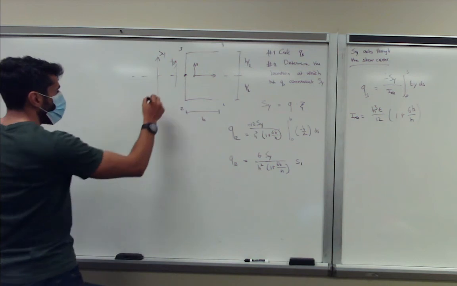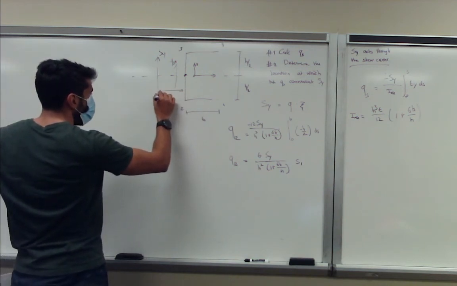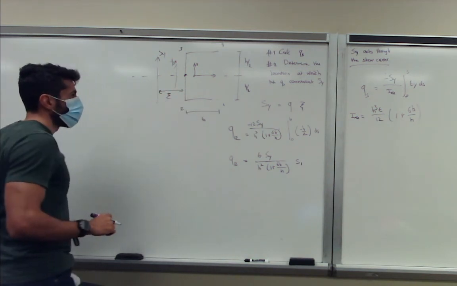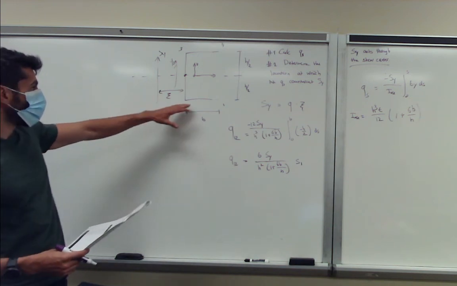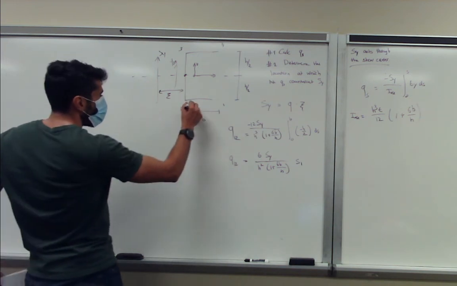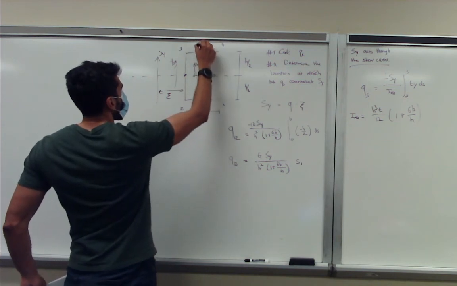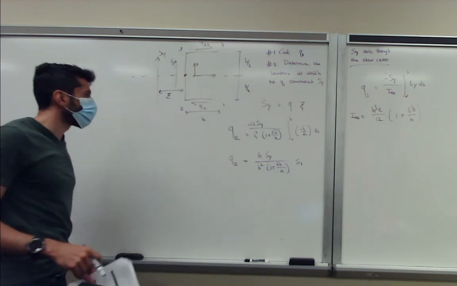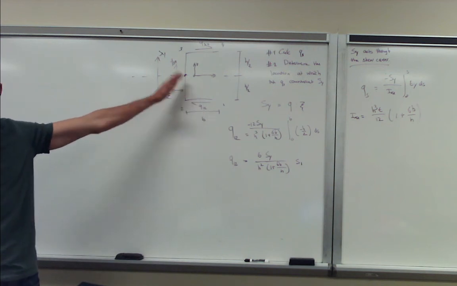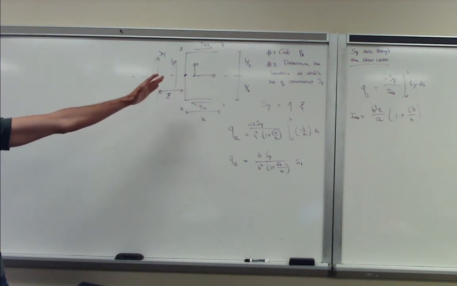Now we can call this distance psi, and we know that Q34 is the same as Q12. So we just need Q12 to come up with this moment equivalence equation.